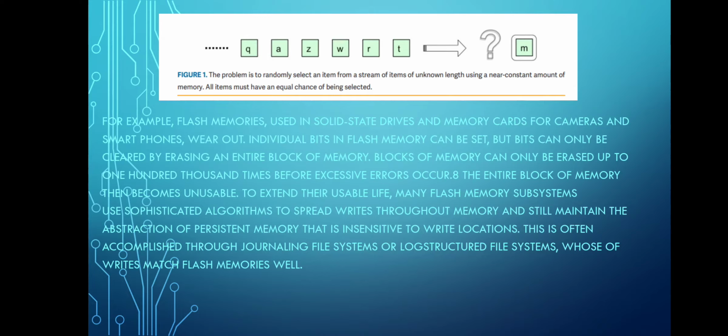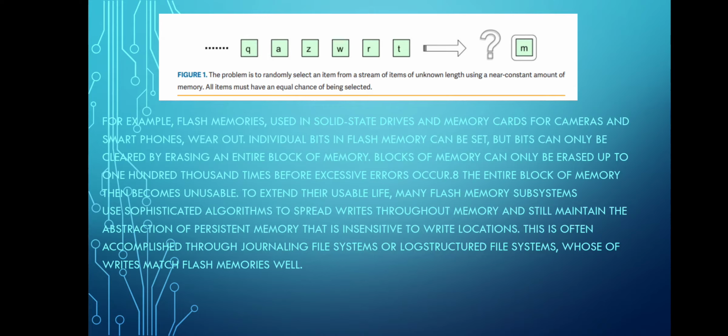Individual bits in flash memory can be set, but bits can only be cleared by erasing an entire block of memory. Blocks of memory can only be erased up to 100,000 times before excessive errors occur. The entire block of memory then becomes unusable.